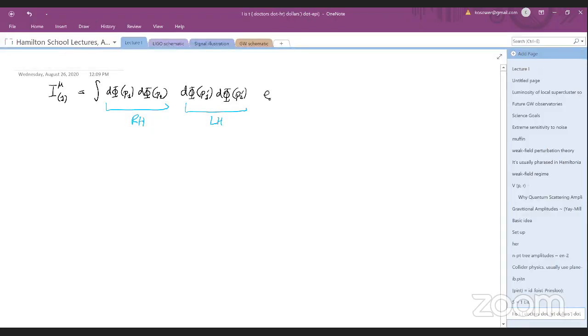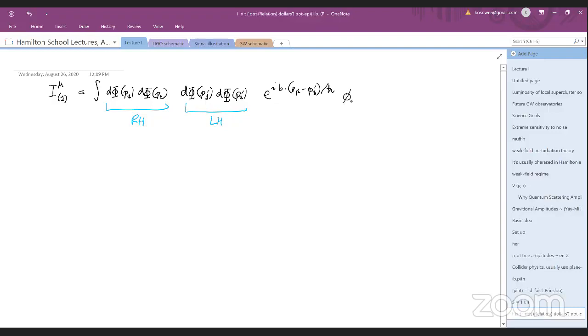And of course, there's a phase. This phase factor is coming from both places, P1 minus P1 prime. And of course, there is the 1 over h bar.